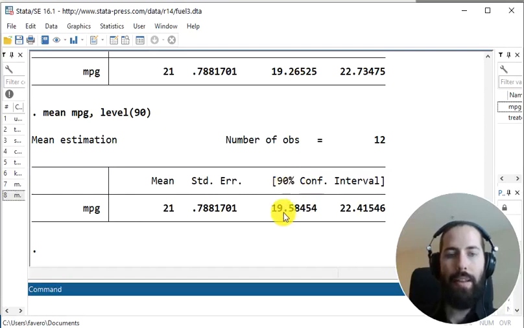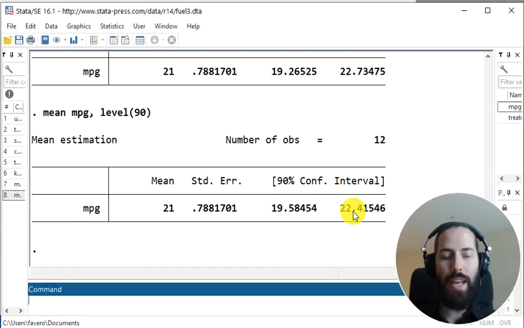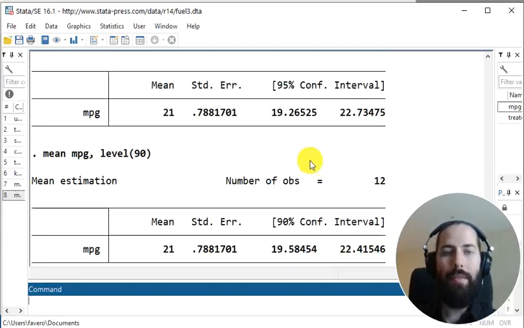And you can see that the confidence interval has gotten slightly narrower. In other words, we're saying we're more willing to be wrong, right? We're going to let 10% of the time the truth fall outside of our window, instead of only letting it fall outside our window 5% of the time. In other words, 10% of the time we're willing to be wrong instead of 5% of the time.